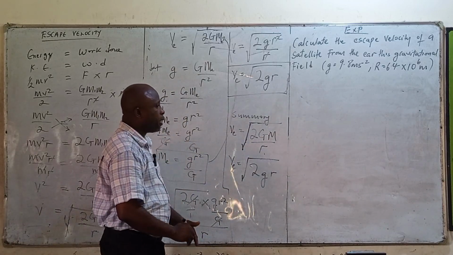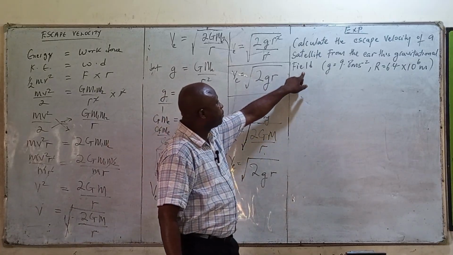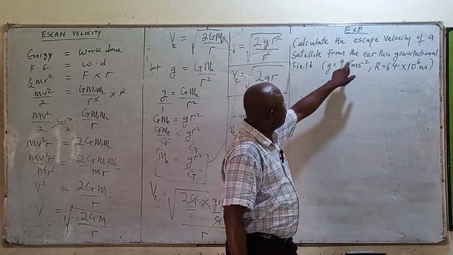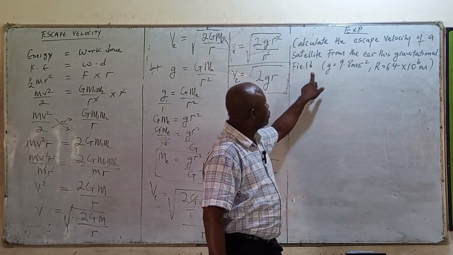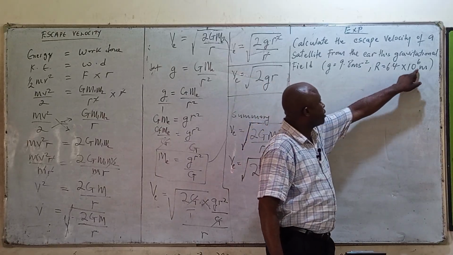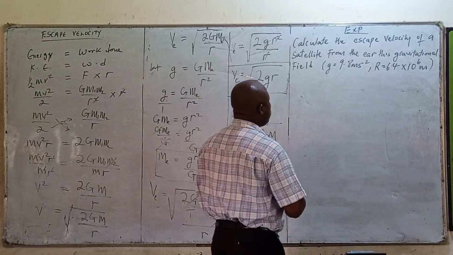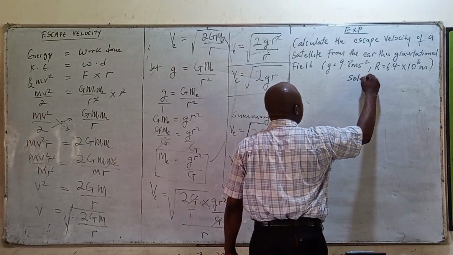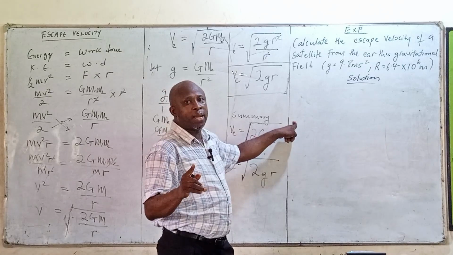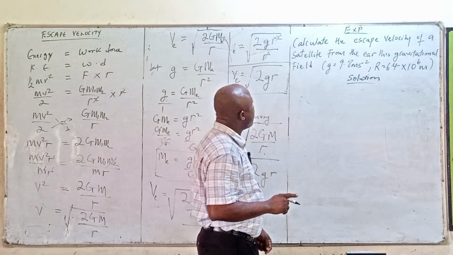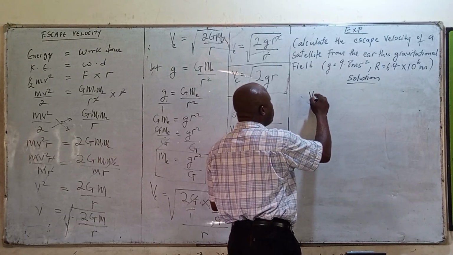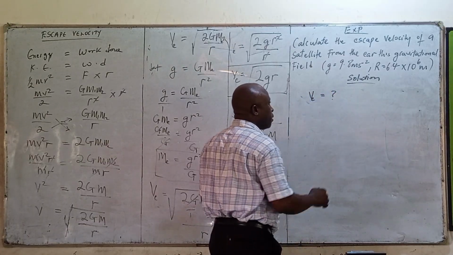So let's take an example. We are asked to calculate the escape velocity of a satellite from the Earth's gravitational field, given that g is 9.8 meter per second square and R is 6.4 times 10 to the power 6 meter. Solution. What is the first thing you do? You bring out the parameters.